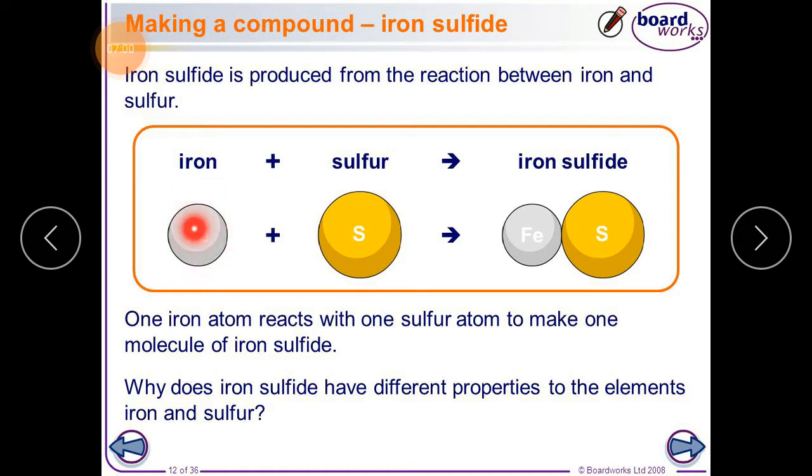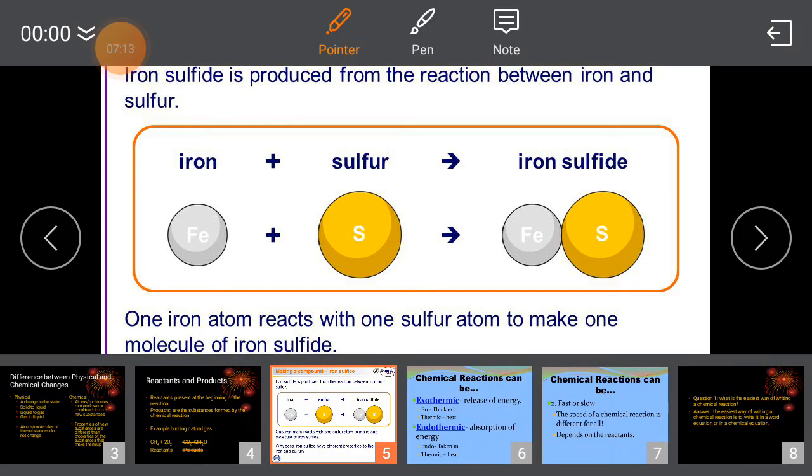When we write it with their formulas or symbols, this is known as a chemical equation, and if we write like this with full names, this is known as a word equation. Iron plus sulfur, and the substance formed is a compound, iron sulphide.